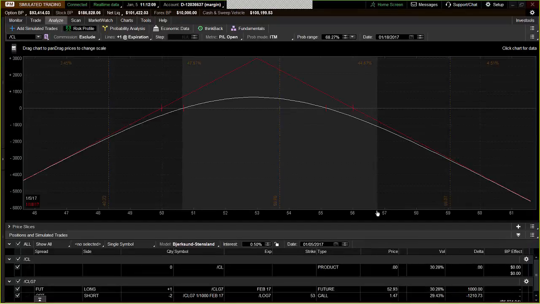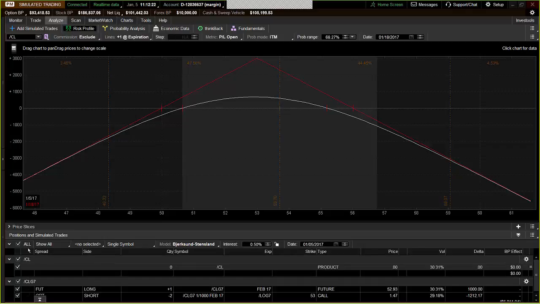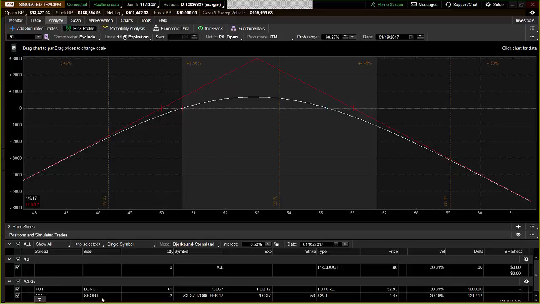Right now this is in an almost perfect position. It's showing all, and it's showing the CL future, which I'm long 1, and I'm short 2.